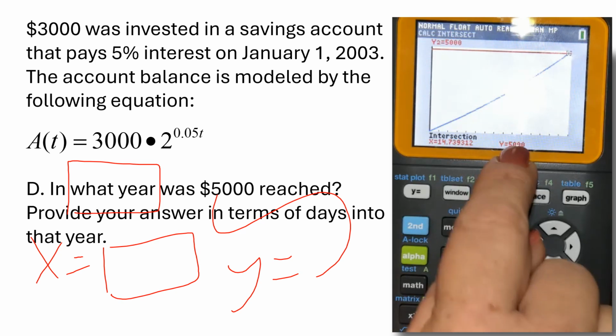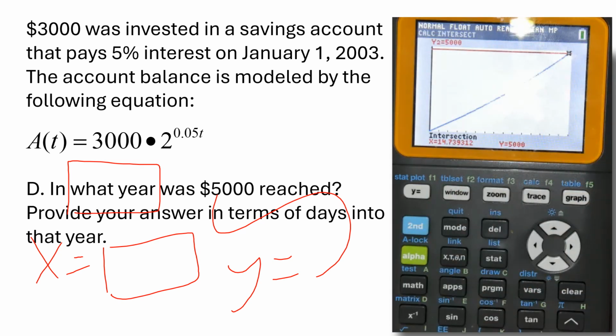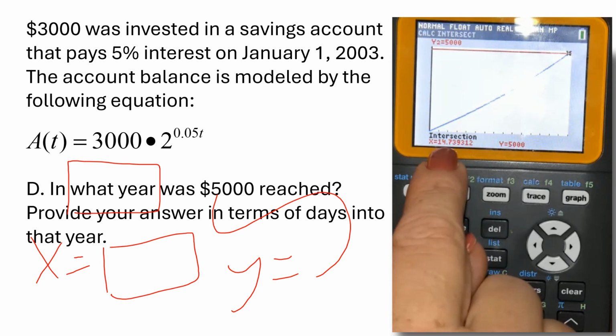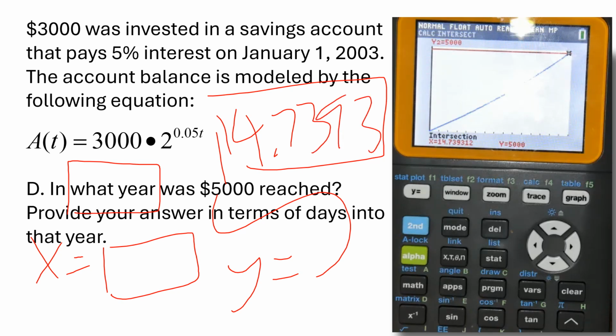What does this tell me? It tells me at what point, based on this model, can we approximate when the savings count will have reached 5,000? Now, in the directions here, it wants your answer in terms of years and days. Notice this is not an exact amount, so it's not exactly 14 years. It's a little bit more than that. So I'm going to write down this real quick, 14.739312.